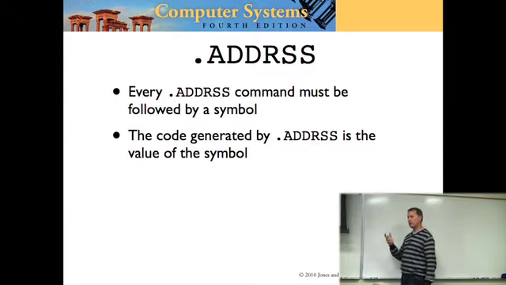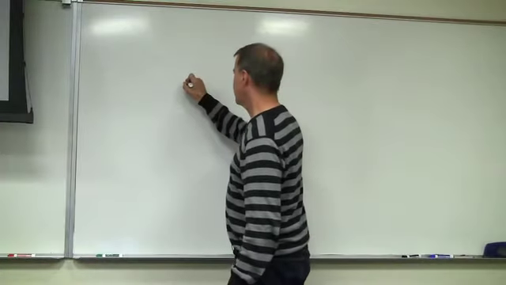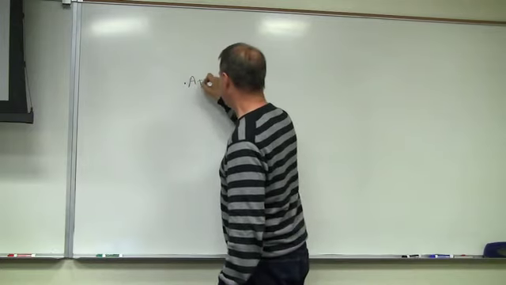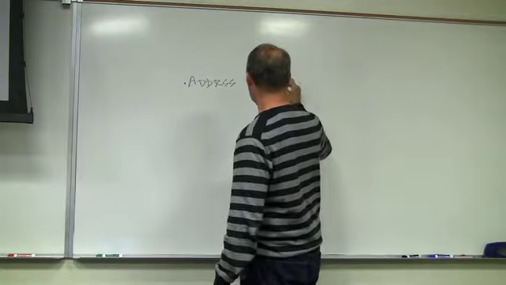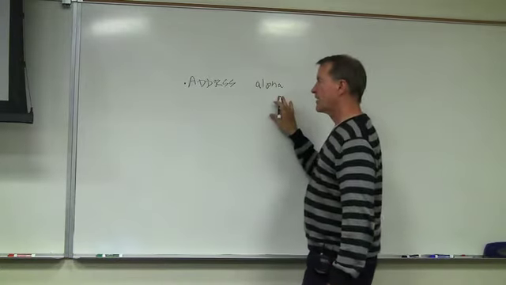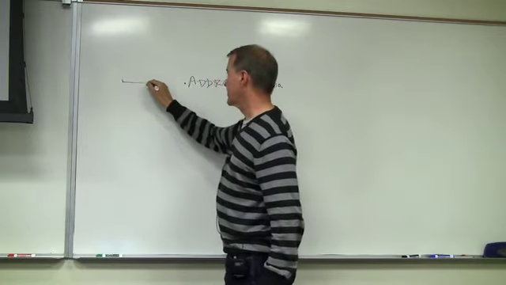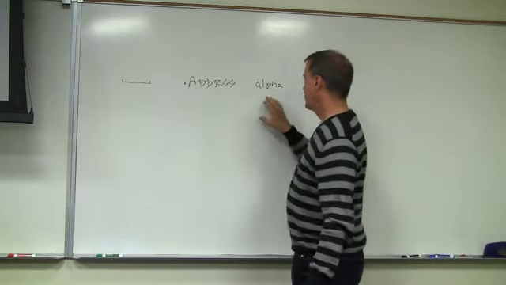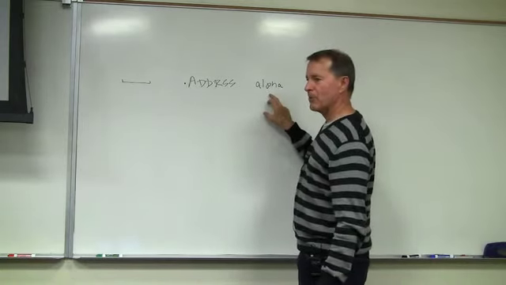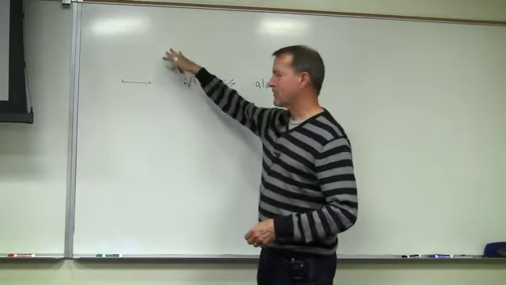So this time you don't put a number or a hex or anything there. So over here, if we say .addrss, and here we have a symbol alpha, then code does get generated. And the code that gets generated in the object code is the value of the symbol. But what is the value of the symbol? The address of where that alpha is stored.